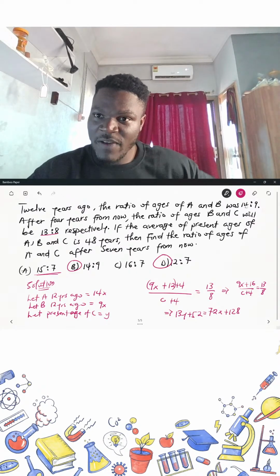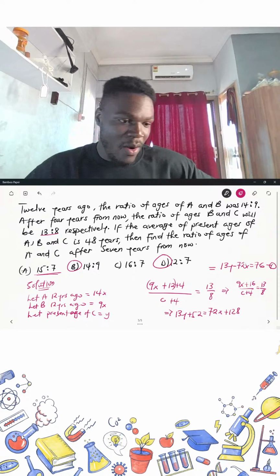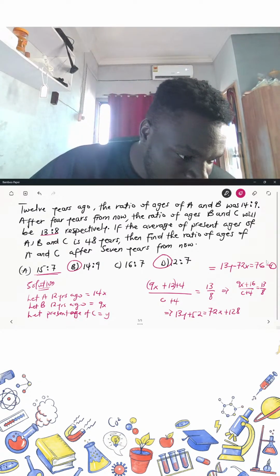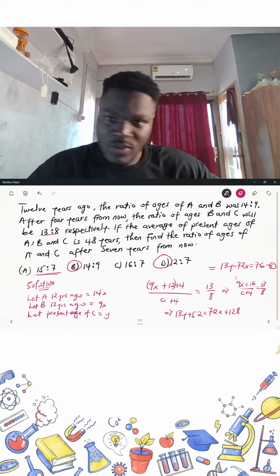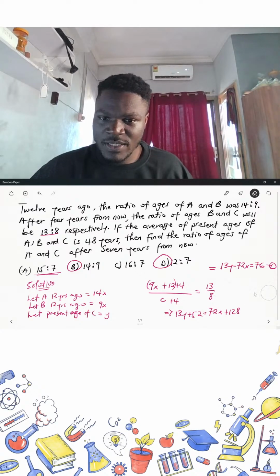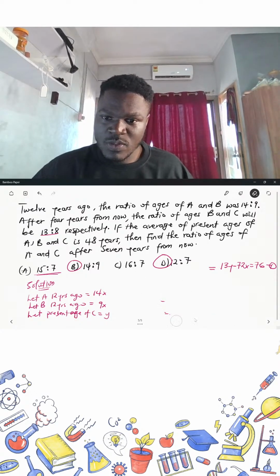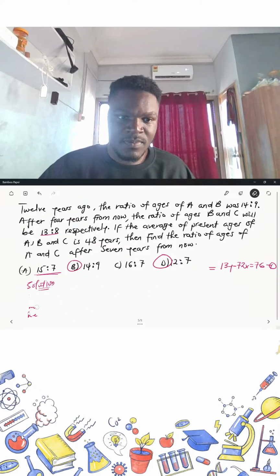And then if we simplify this expression, let me write it at the top over here, we will get 13y minus 72x to be equal to 76. And this will become our first equation. All right, so I'll leave that equation there, and then we will proceed to the other set of questions.